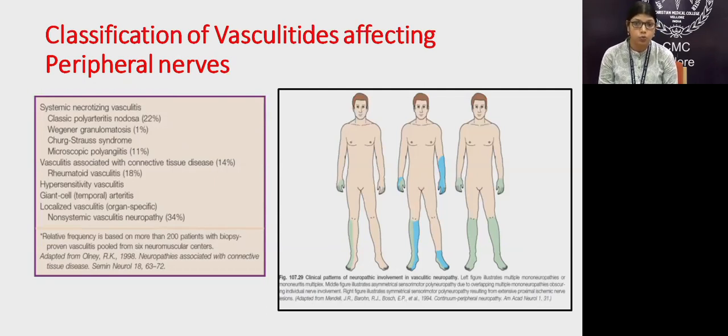Other systemic disorders that cause vasculitis, the classical vasculitic disorders, are Wegener's, PAN, Churg-Strauss, microscopic polyangiitis, and secondary vasculitis, which can be caused by rheumatoid arthritis, SLE, or Sjogren's syndrome, hypersensitivity vasculitis, and giant cell arteritis. In our common setting, we see non-systemic vasculitic neuropathy to be the most common, and there are various presentations. They can present initially as a mononeuritis multiplex, then can eventually go into a symmetrical polyneuropathy.